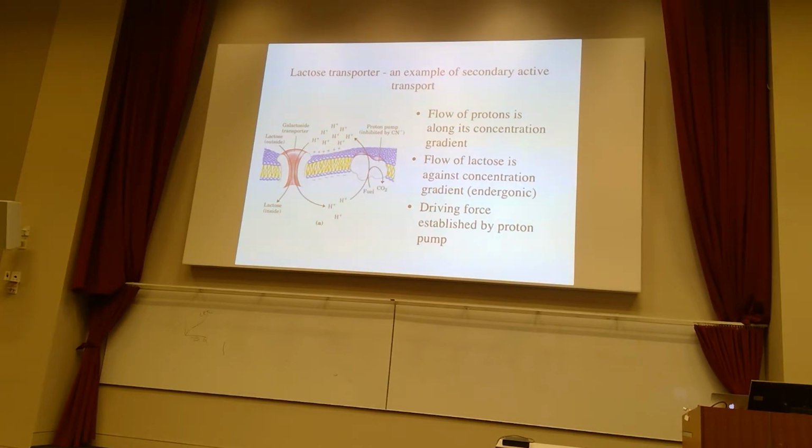That provides a gradient that can be used to drive the galactoside transporter, and then protons can be brought into the cell down their concentration gradient at the same time that lactose is being brought in as well. Okay? So even though the flow of lactose is endergonic, going against its concentration gradient, the force is established by that protein pump. So overall, it's net favorable to bring the lactose in.